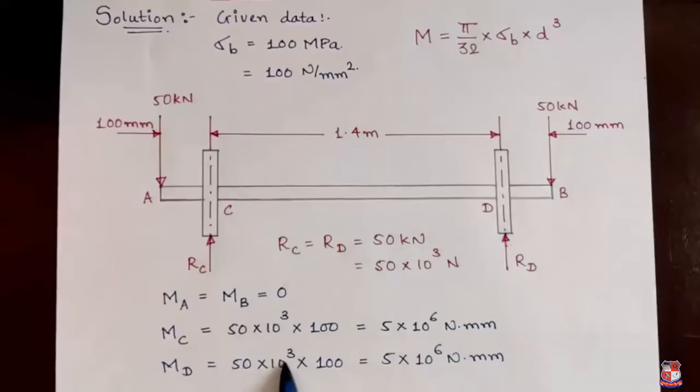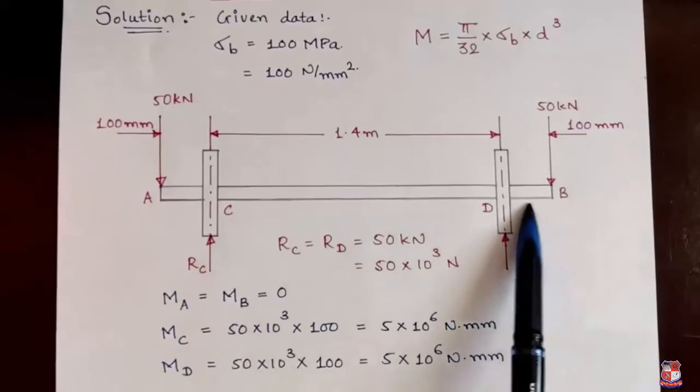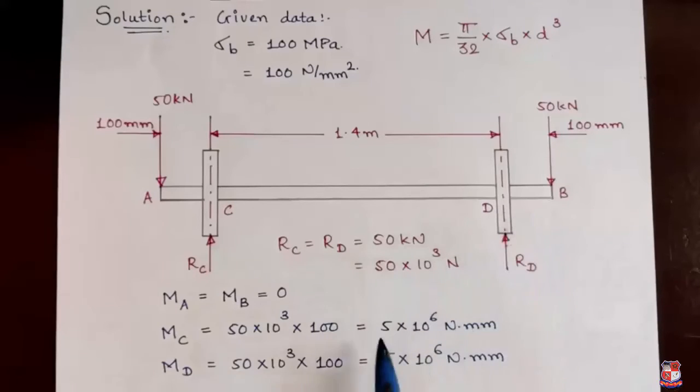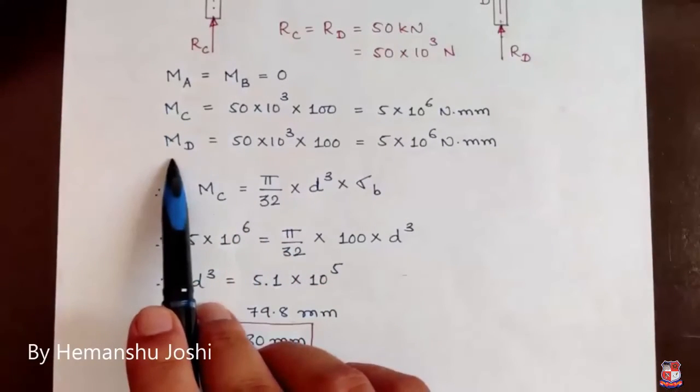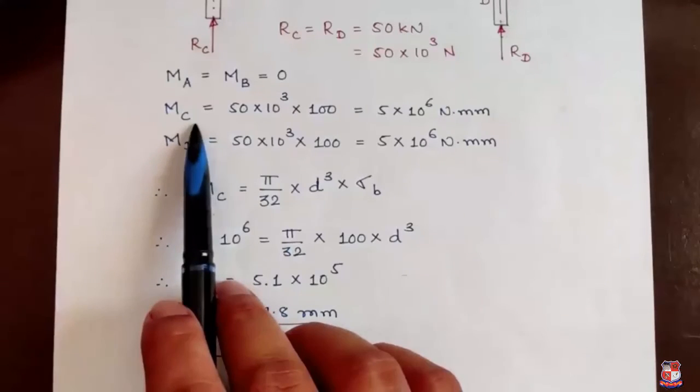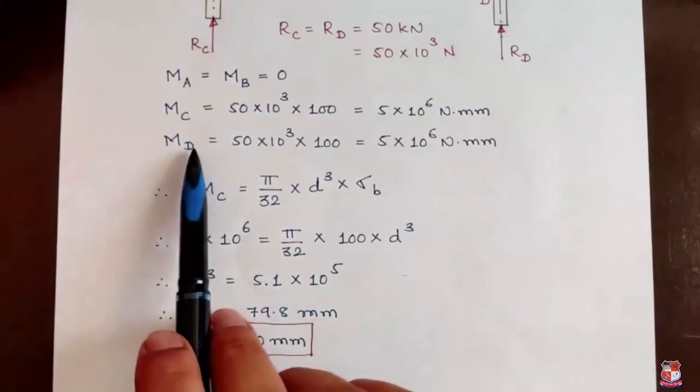So 50 into 10 raised to 3 into distance, again the same 100. So 5 into 10 raised to 6 Newton mm. From these different values of moment around all the points, we are getting the maximum value of bending moment at points C and D. So that will be our M.